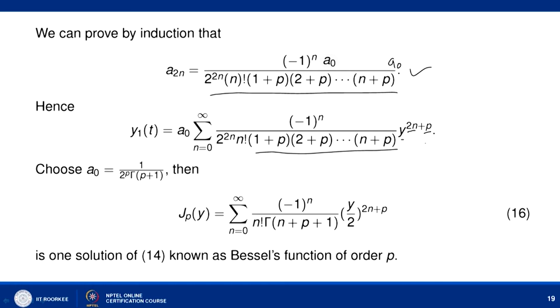For simplicity, if we take a0 as 1 upon 2^p gamma(p + 1), we will see why we are choosing this value later on.